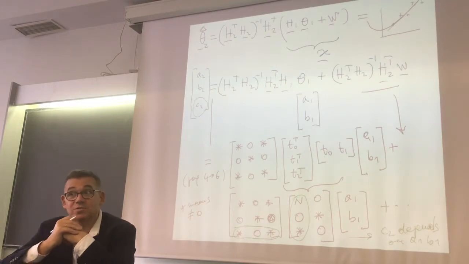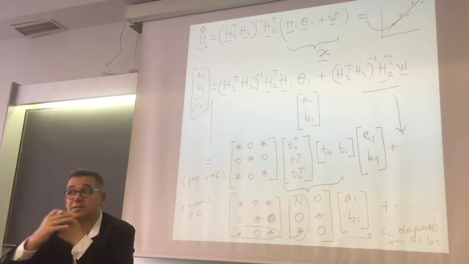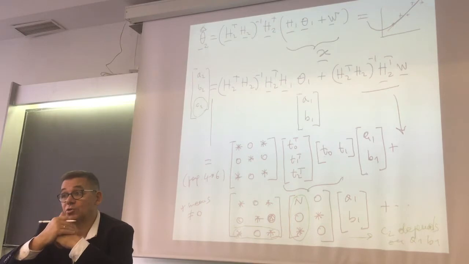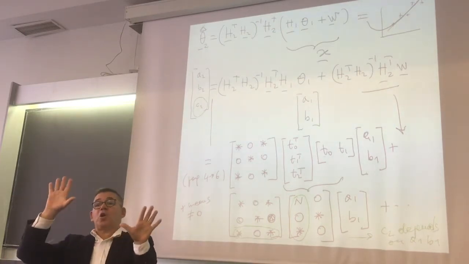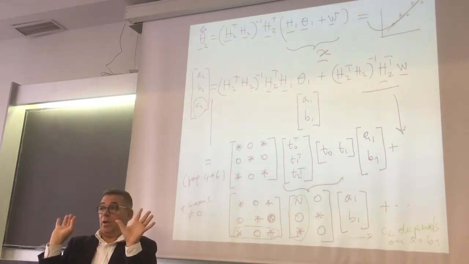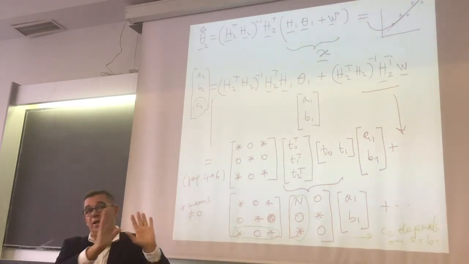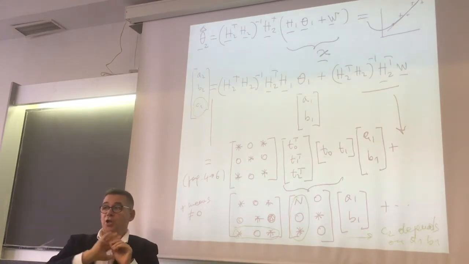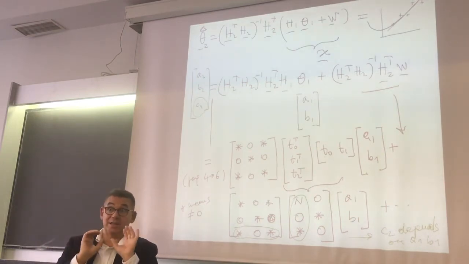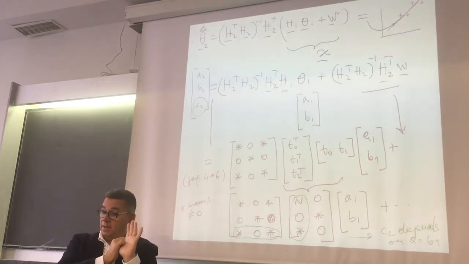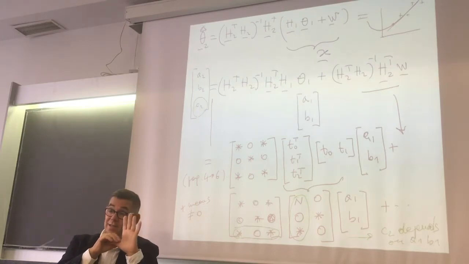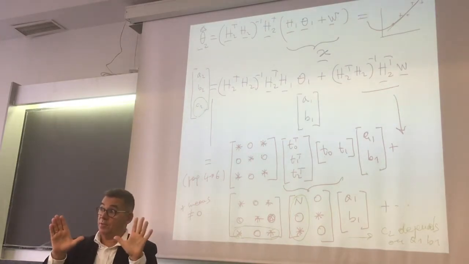So C2 is biased. That's the conclusion. If your model is linear, or a certain model, and you are over-parameterizing, which means you're using more parameters than necessary, you might expect, as in this case, that the estimated value is different from 0.